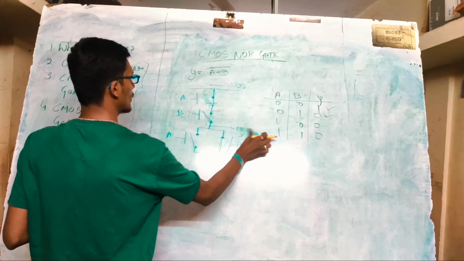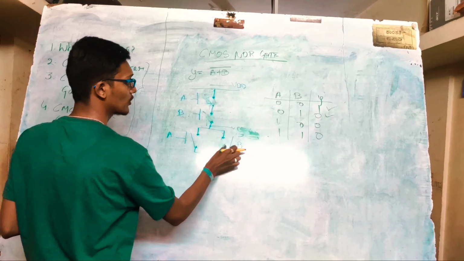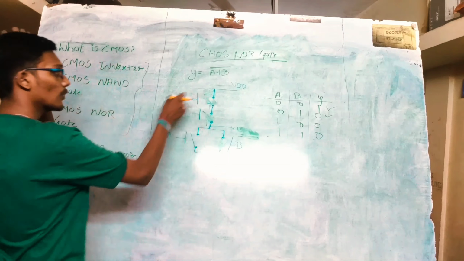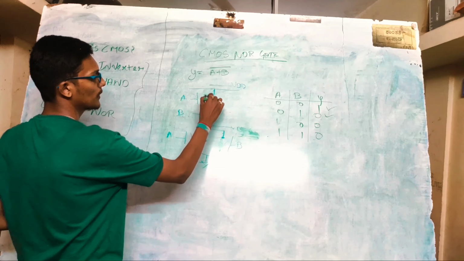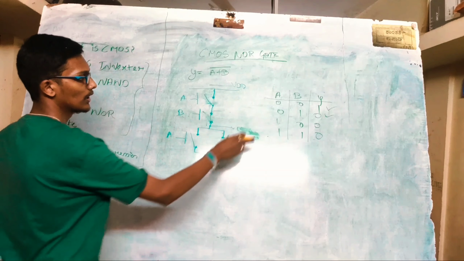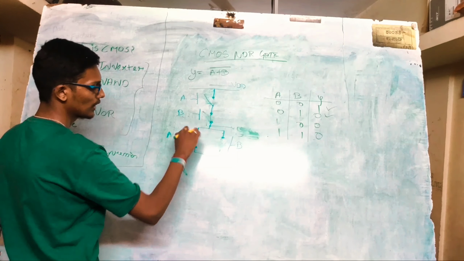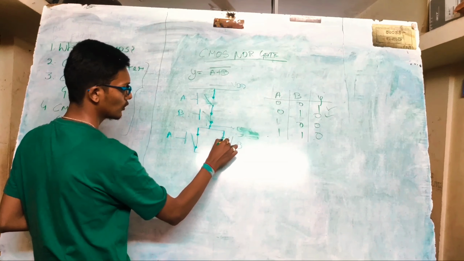Fine. We'll go to next combination, which is 1 0. So PMOS will work at 0, right? So this is 1, so this is open circuit. B is 0, so this is short circuited. A is 1, so this is short circuited, and B is 0, so this is open circuited.